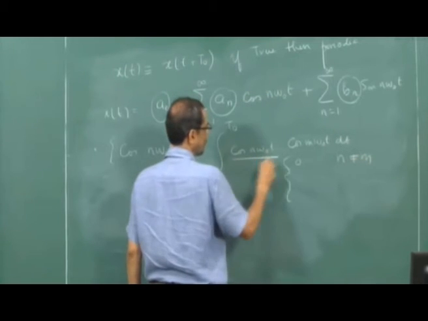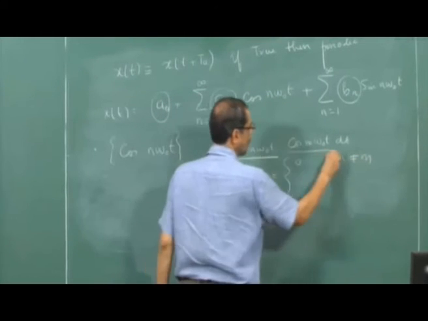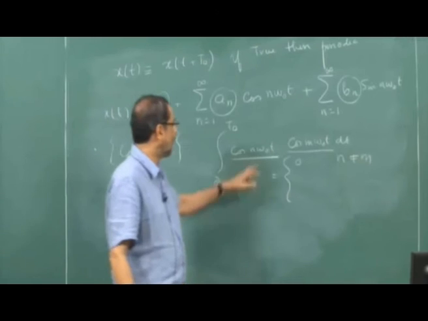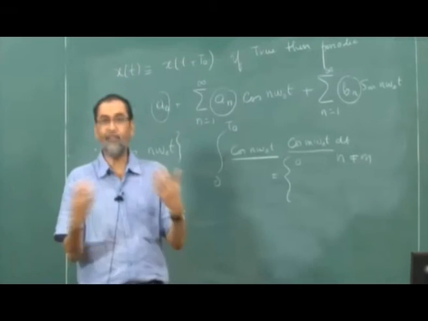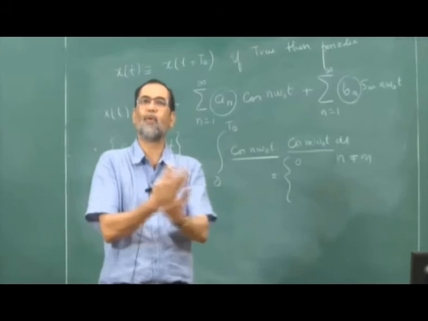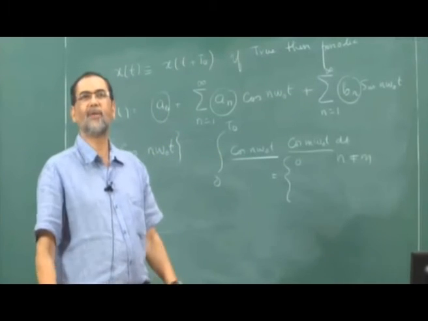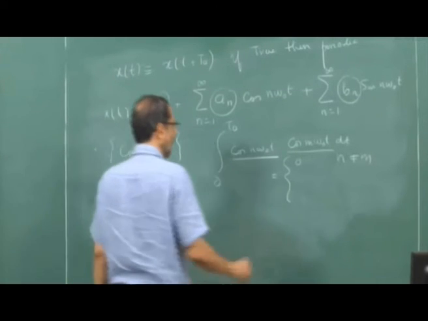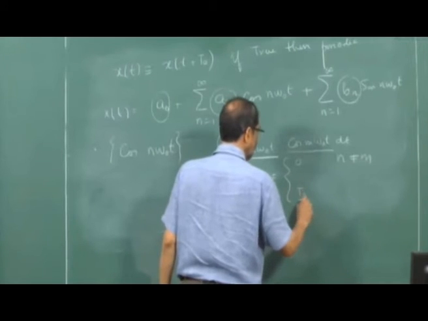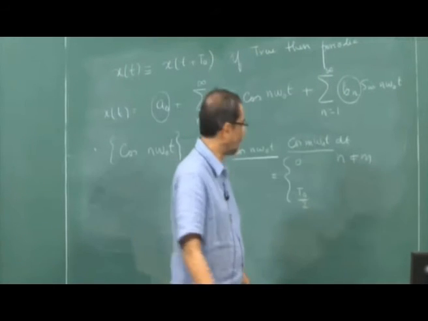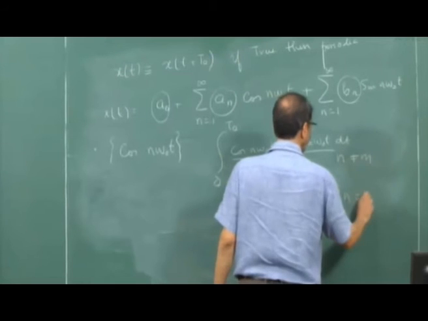I have cosine n omega naught t here and cosine m omega naught t here; as long as n and m are distinct, the product will integrate to 0, and it will be T naught by 2 if n is equal to m.